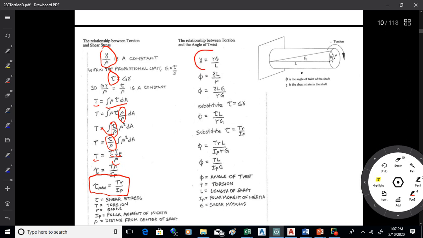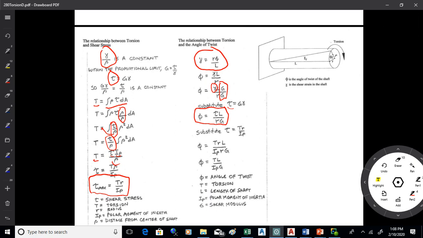So that comes from this shear strain is rho phi over L. Phi is the twist angle. Rho or r is the distance from the center of the shaft. We can solve it for phi. It's the shear strain times the length over the radius. We can then put in a term of G over G, which again is just 1. The shear strain gamma times G is tau, so we can solve for the twist angle, tau times L over RG.